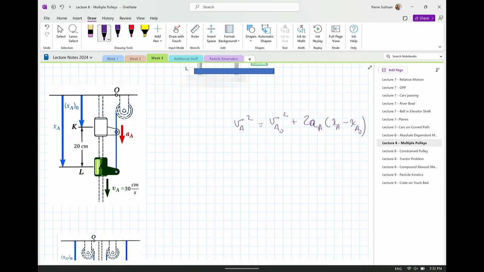So this is a constant acceleration problem. I have the distances traveled, and I have the velocities.